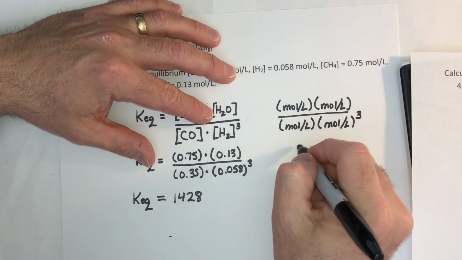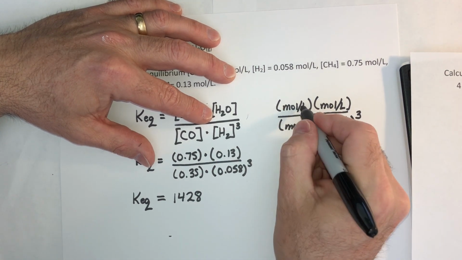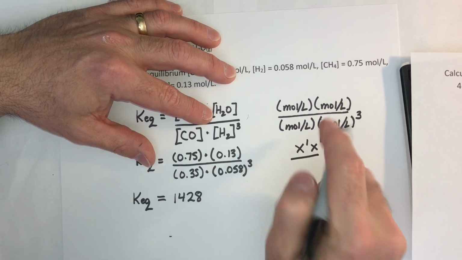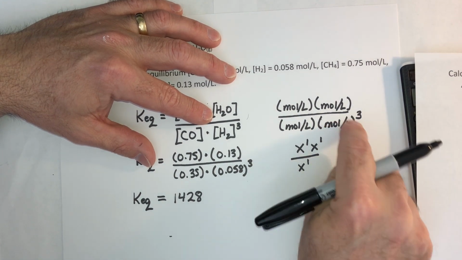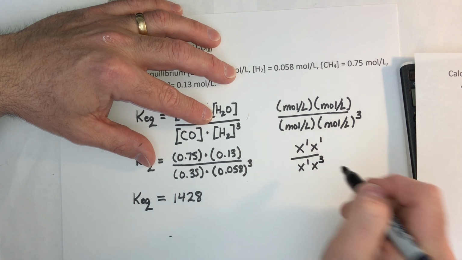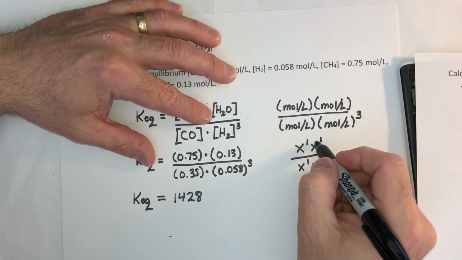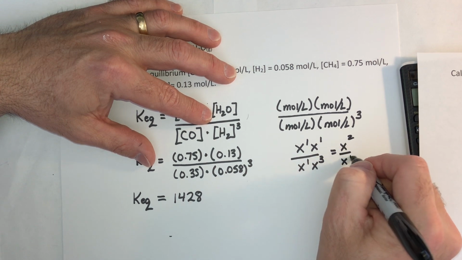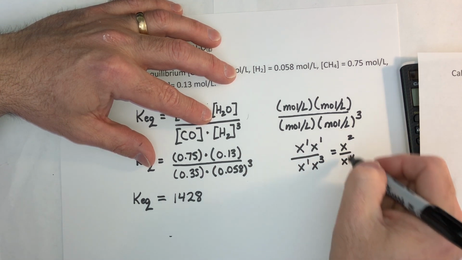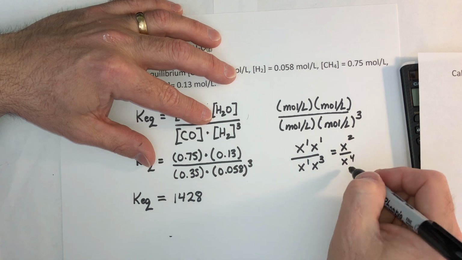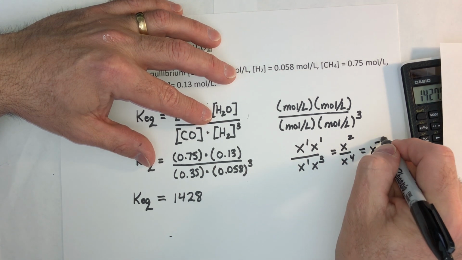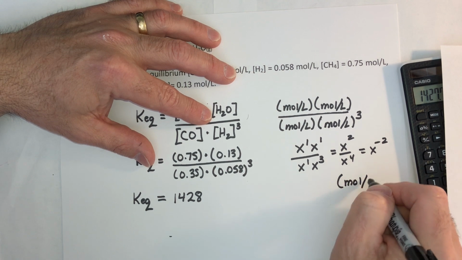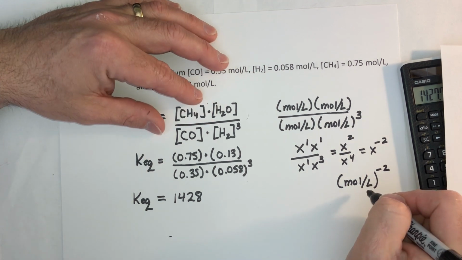Now again, if we think about it in x's, that's like x to the 1, x to the 1, x to the 1, and x to the 3. If you're multiplying with the same base, you can add the powers. So this would be x squared over x to the 4. If you're dividing, same base, you can subtract the powers. So this would be x to the minus 2.